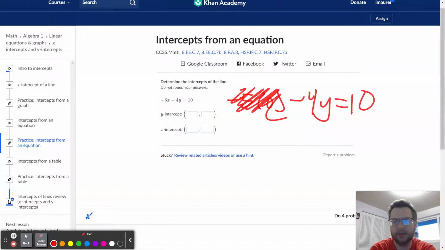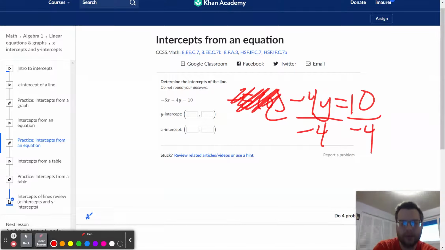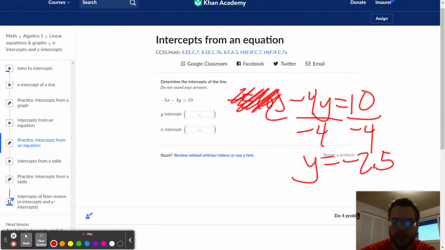So you have negative 4y equals 10. Divide both sides by negative 4. Use a calculator if you want, and you get your answer, y equals negative 2.5. To type your answer in, you have to remember that x is equal to 0, and y is equal to whatever you solved for.